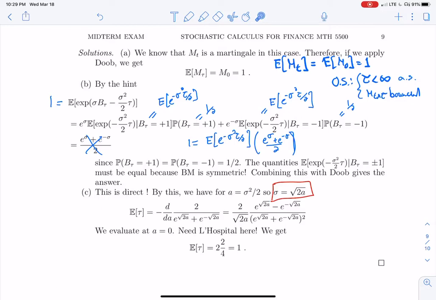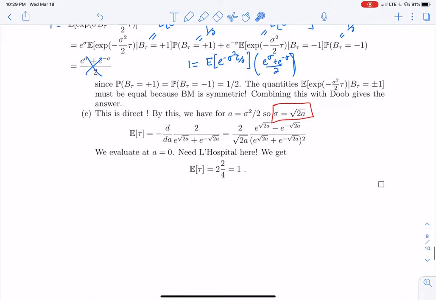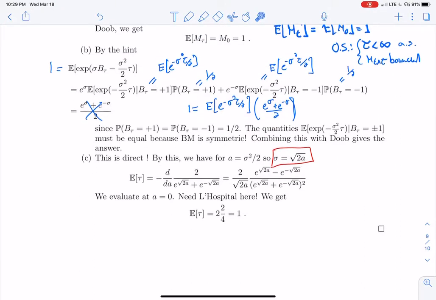Okay, so what you get at the end, and I wrote it here, is 1 is equal to this factor, and you get the factor e to the sigma plus e to the minus sigma, divided by 2. Alright, so we have that the moment generating function of tau with this parameter minus sigma squared over 2 is 2 over e to the sigma plus e to the minus sigma.